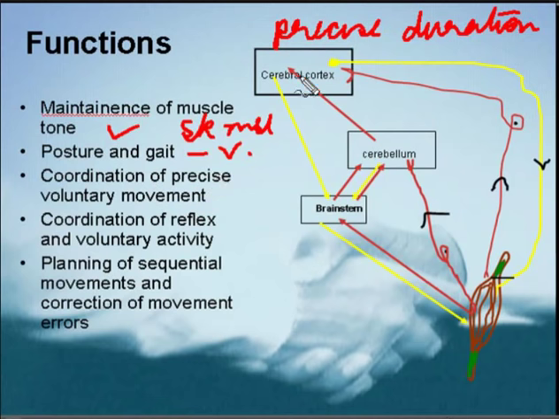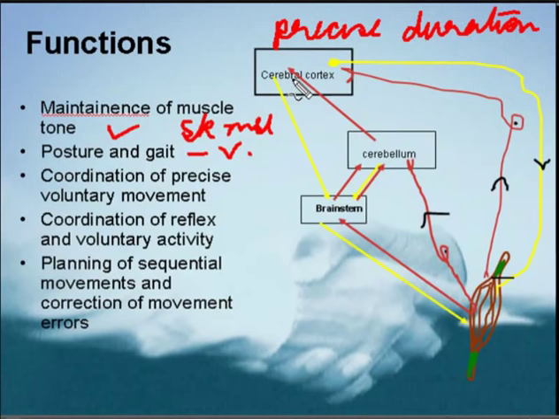So you can see what it does is it sends back information to the cerebral cortex to inhibit agonistic muscles and stimulate antagonistic muscles. Thus it limits the extent of voluntary movement. So that is very important. It limits the extent of voluntary movement.